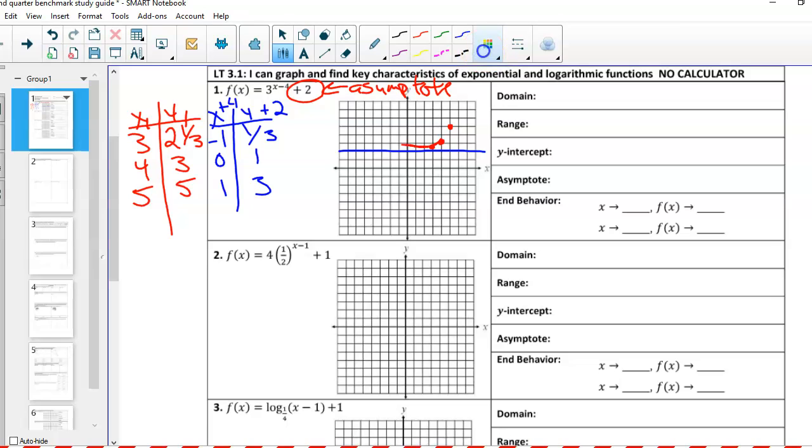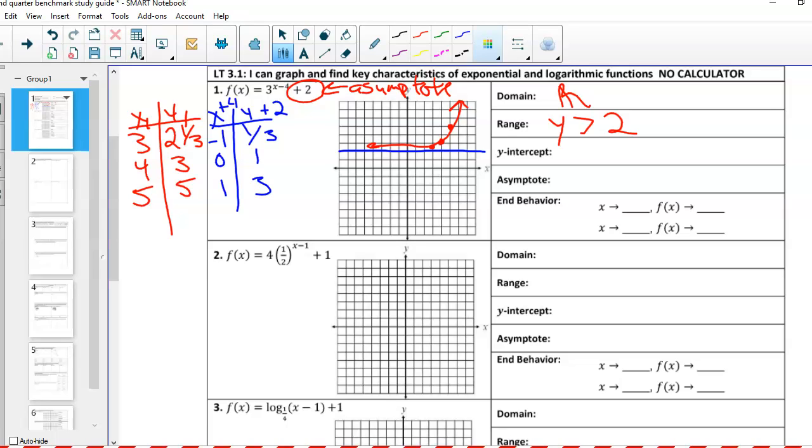And you're going to go towards the asymptote and away from it. What would your domain of this function be? All real numbers. Your range? Y is greater than 2, not including the 2. So this is an asymptote.